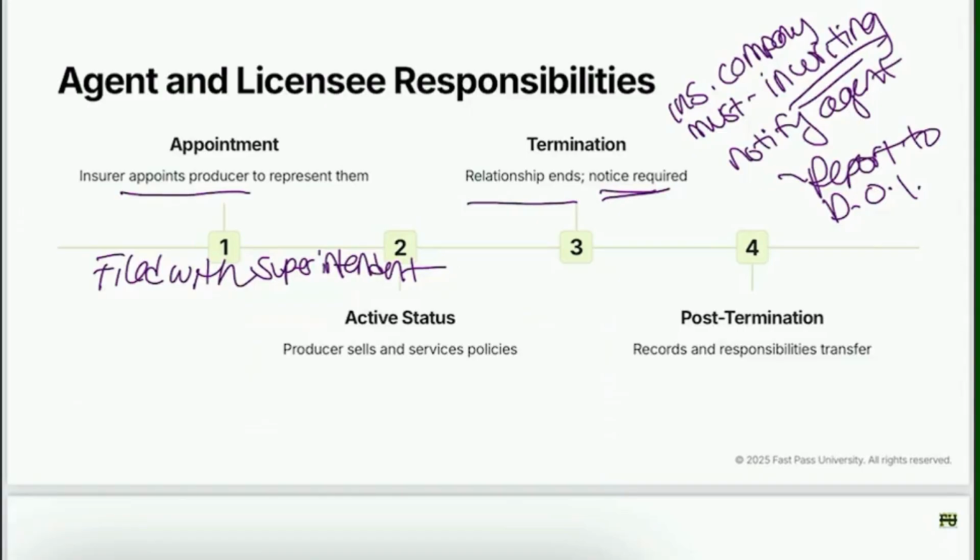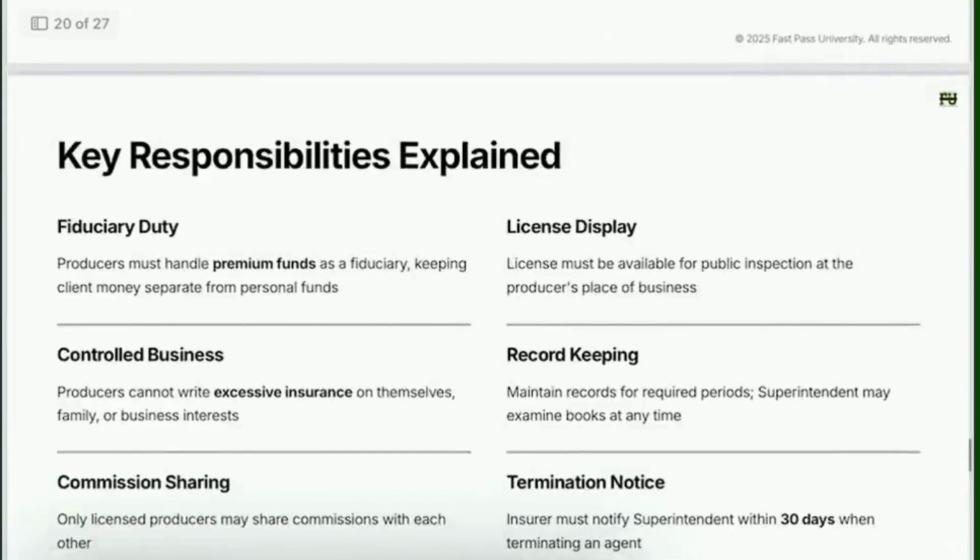Some key responsibilities of an agent or producer. Fiduciary duty. I like to think of the F in fiduciary as the F in financial. It is the financial responsibility of an agent. Okay.